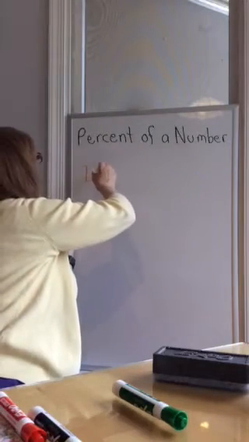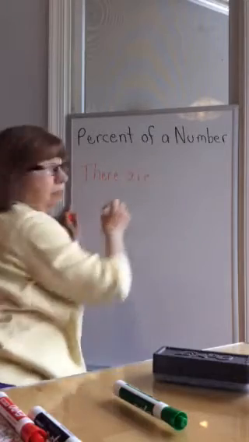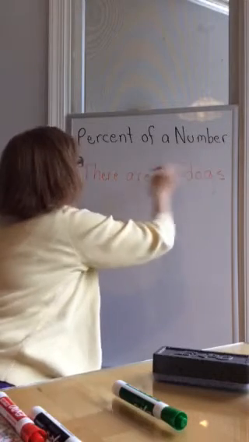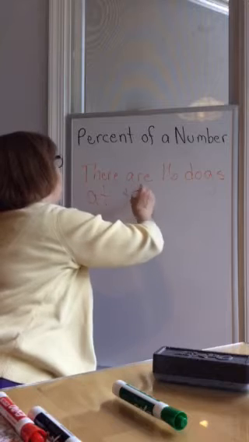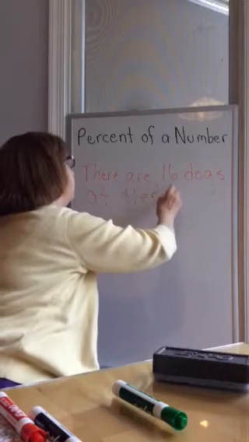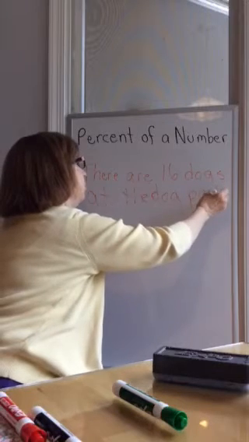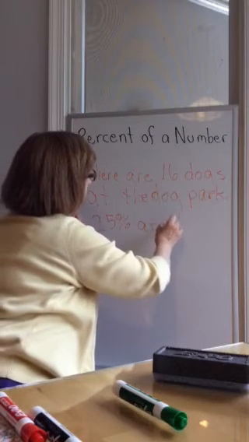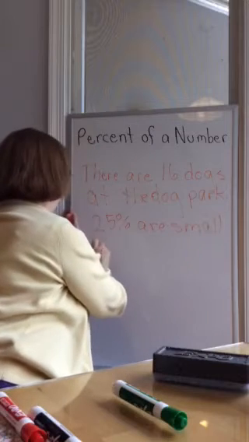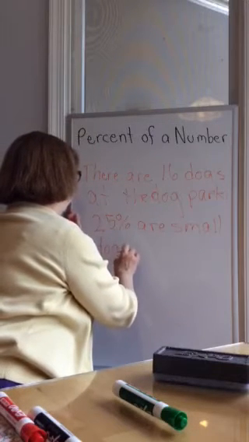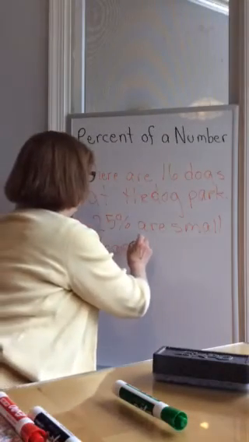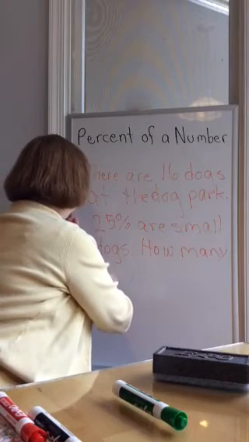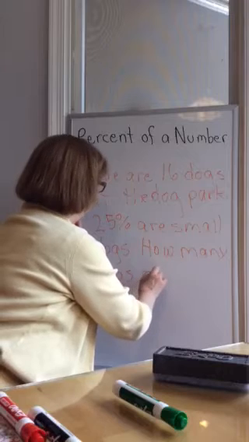There are 16 dogs at the dog park. 25% are small dogs. How many dogs are small?